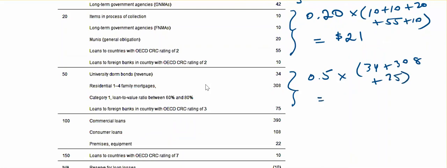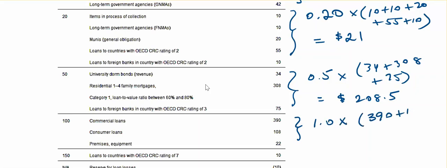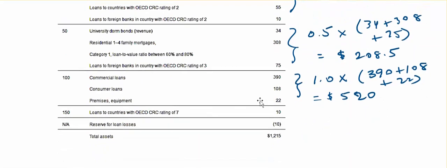And when you put that into your calculator, you will get 208.5. Then we have commercial loans, consumer loans, and premises equipment. That all has a 100% weighting, so we'll weight that by 1.0. Add all of that up, giving a risk-weighted value of 520.